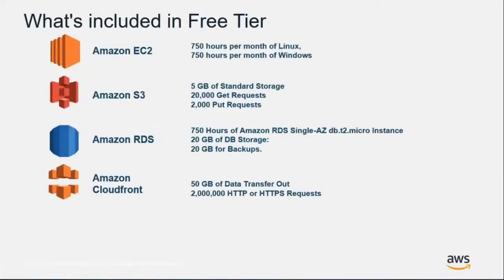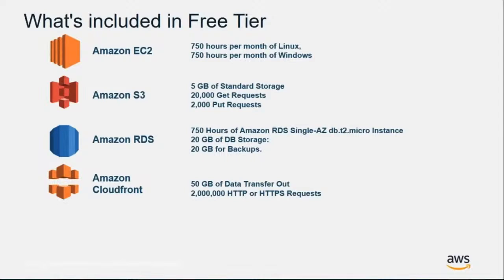Now what is there actually? The AWS Free Tier allows us to use most of the AWS services, and it is available for all new accounts, valid for 1 year from the date the account is created. I'll quickly run through at a high level what's included. You get about 750 hours of Linux or 750 hours of Windows machines.